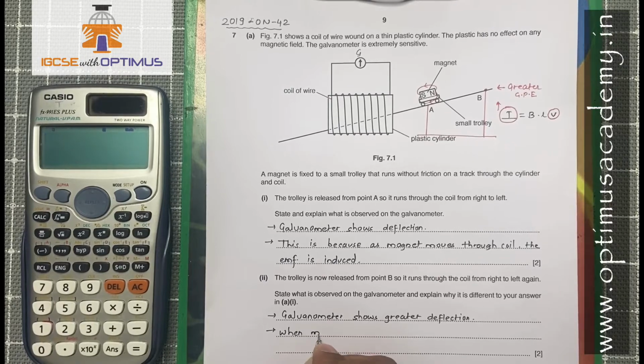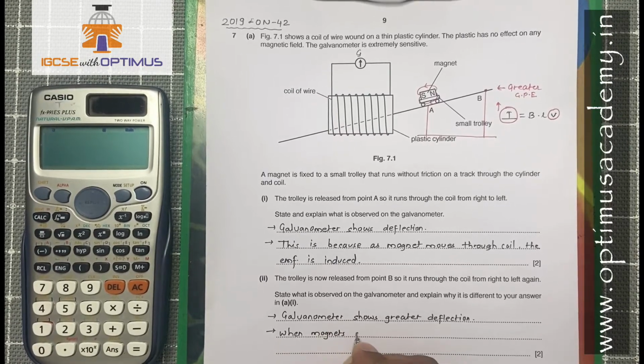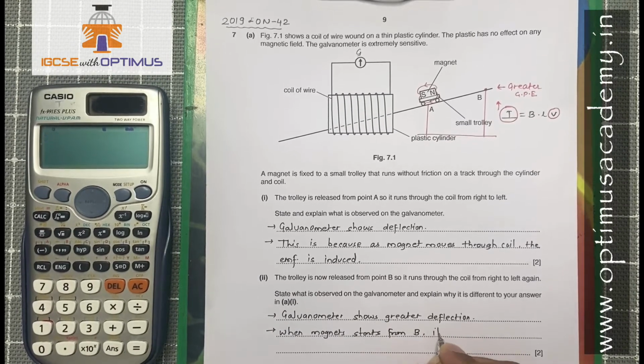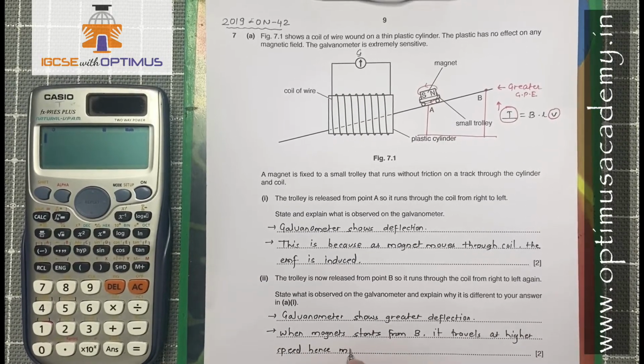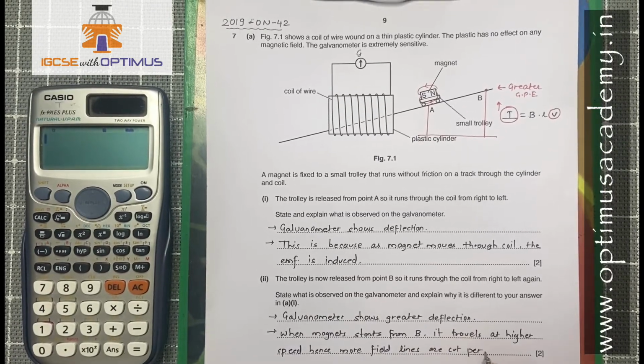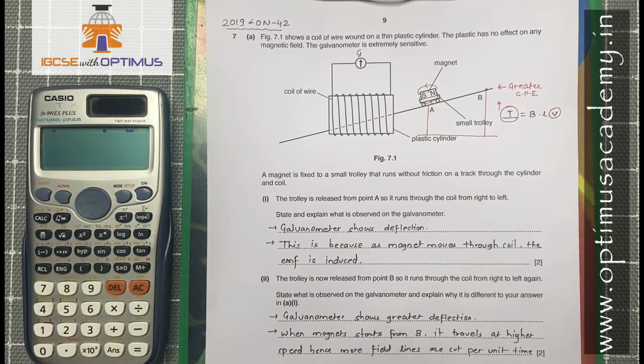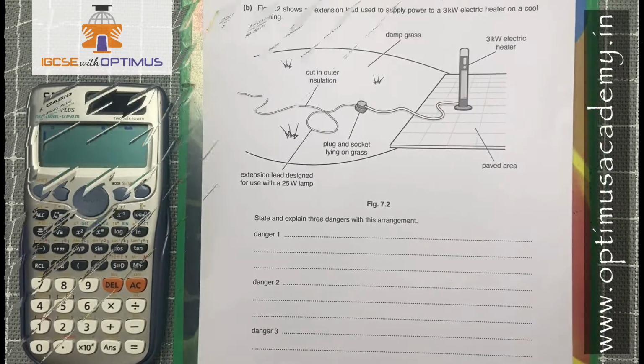When the magnet starts from B, it travels at higher speed, hence more field lines are cut per unit time. As more field lines are cut per unit time, the deflection will be greater because the induced EMF will be greater.